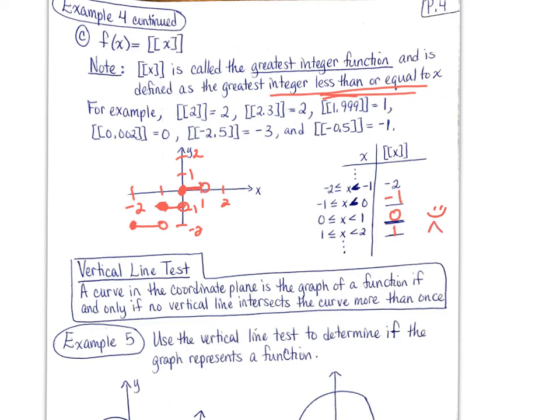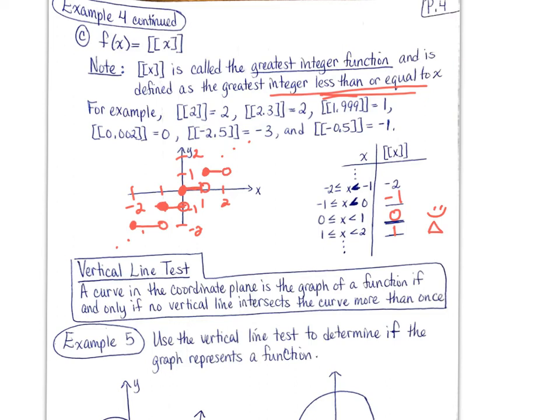And then here, we have a closed circle here, everything in between, and an open circle there. Okay? Then we just continue. So that's the greatest integer function.